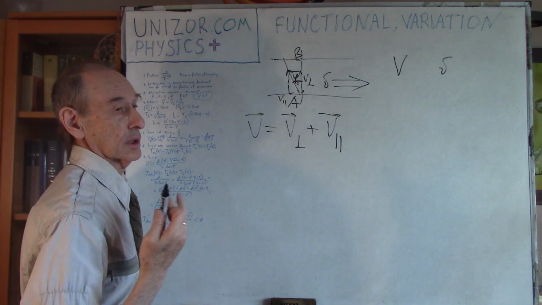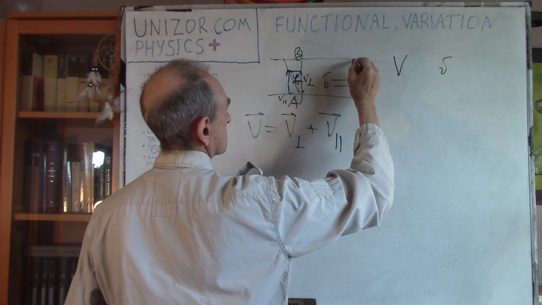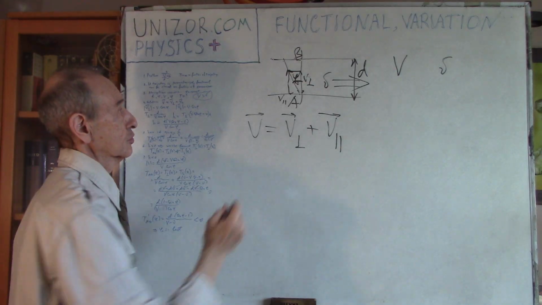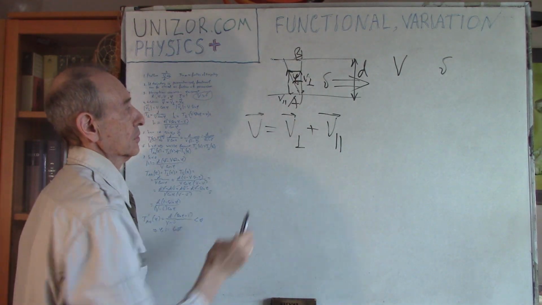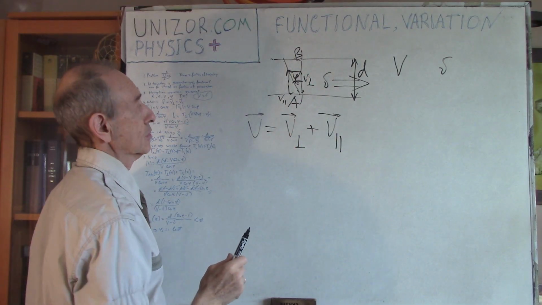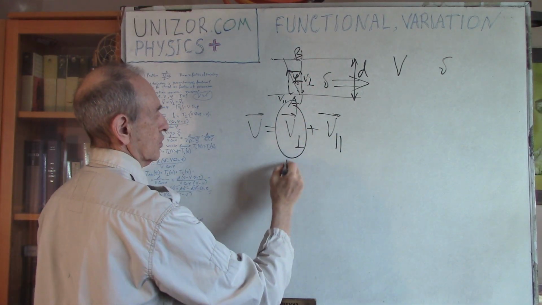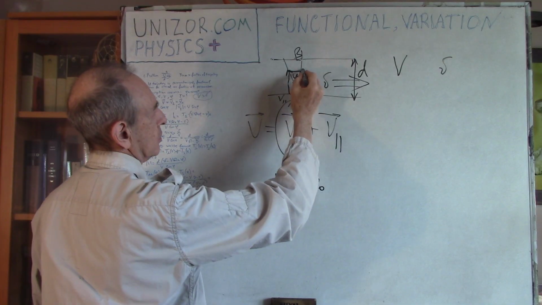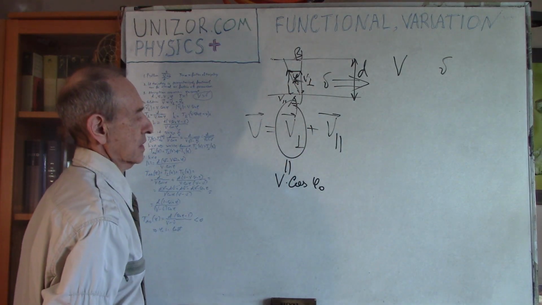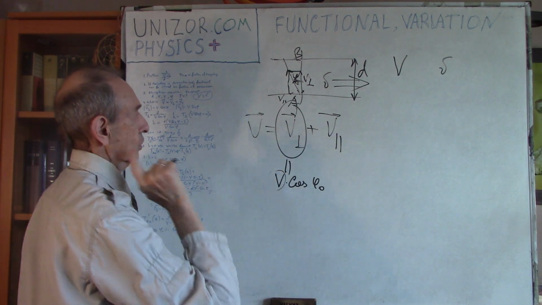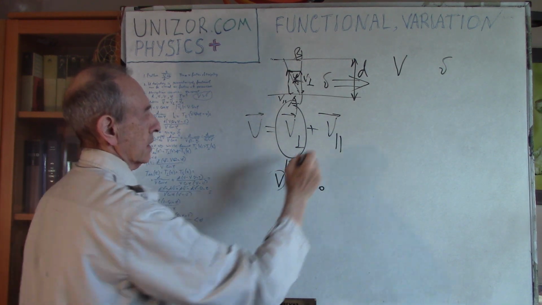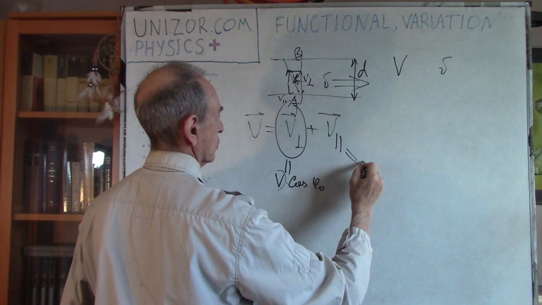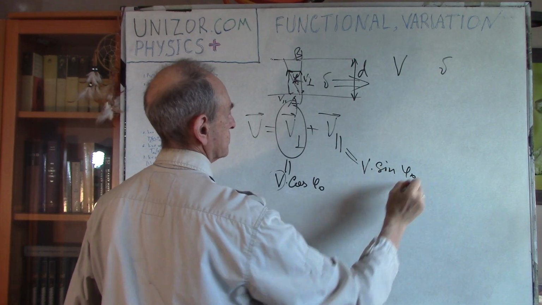If the river has width, let's say d, then I know how much time I have to spend to reach the other bank, because I will go perpendicularly to the river with this speed, which is actually v times cosine phi 0. This is speed relative to the water, obviously. Now, my parallel to the current speed, its magnitude would be v times sine phi 0.